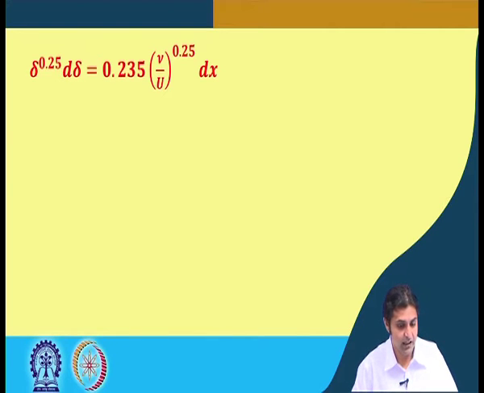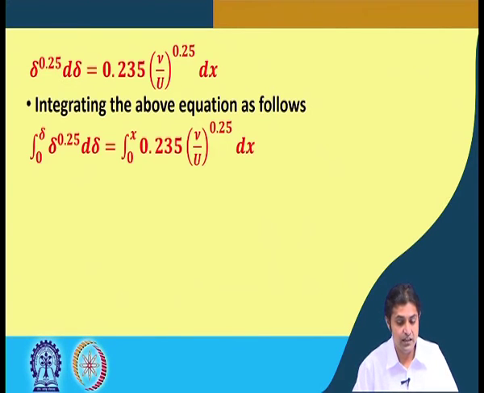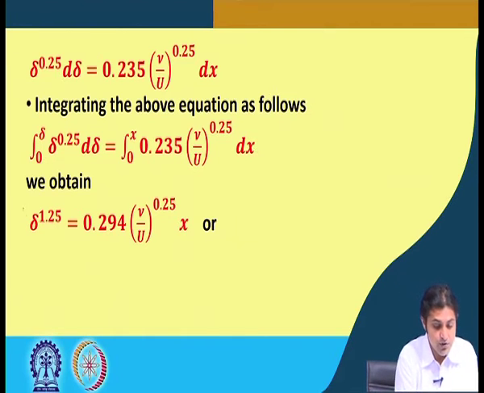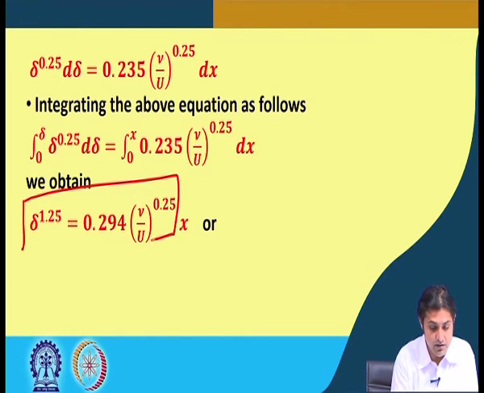this is the equation that we get, delta as a function of x, and if we integrate the above equation, we are going to get delta to the power 0.25 d delta is equal to integration from 0 to x of 0.235 nu by U raised to the power 0.25 dx, and then we can obtain an expression like this.